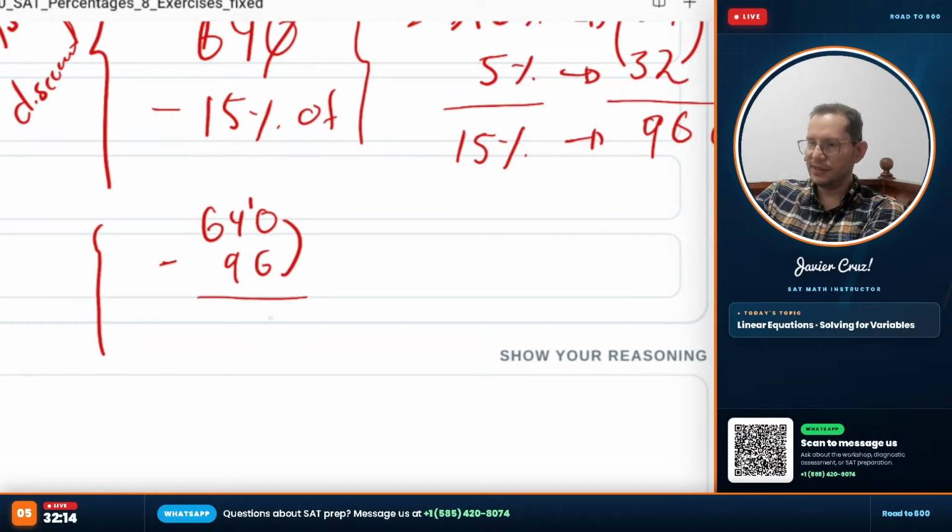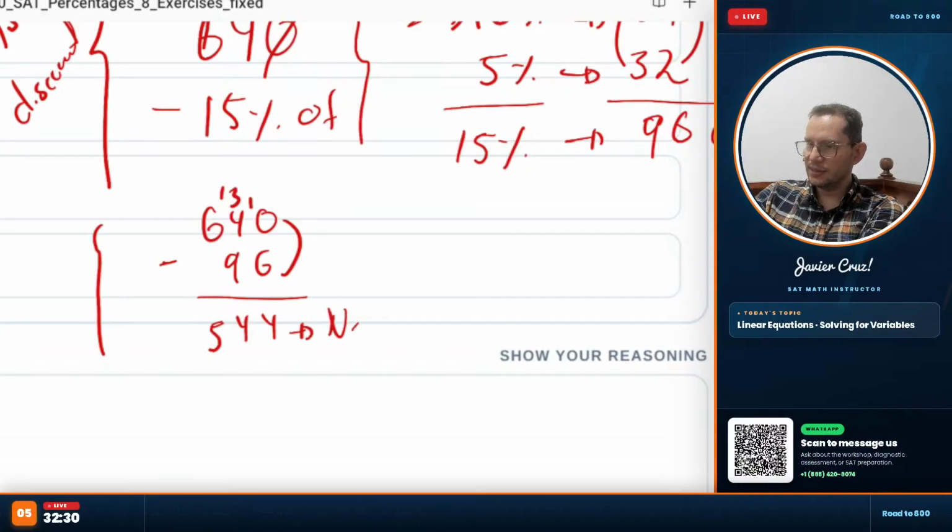10 minus 6 is 4. Now that is 3. 13 minus 9 is 4 again. And 5, right? So it's 544. It is the new price, discount included, right?